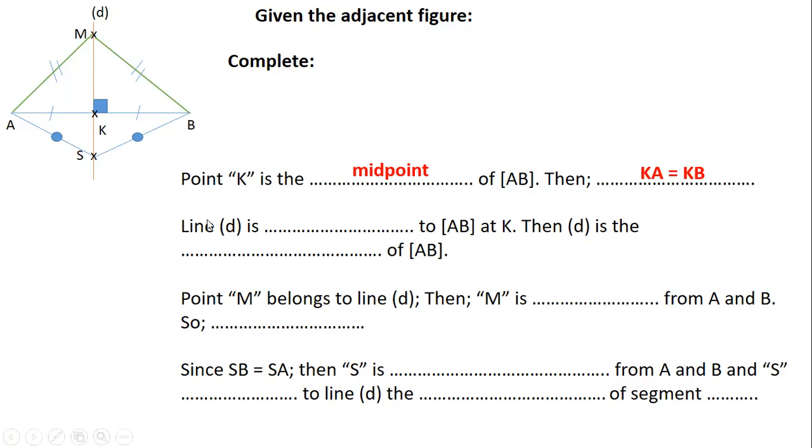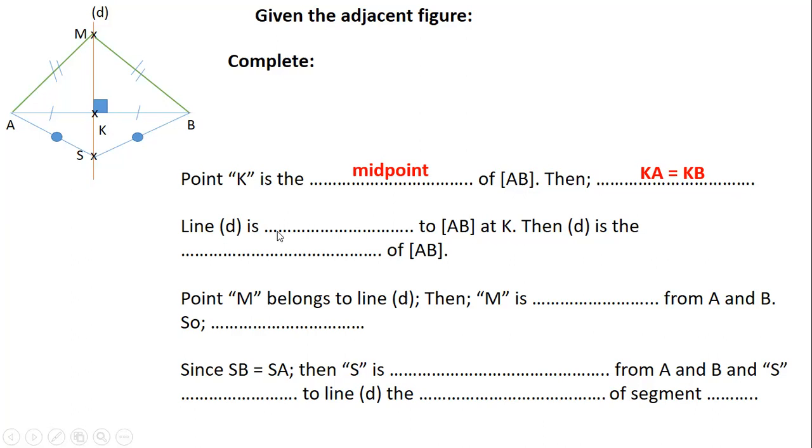Now I want to ask Julia. Yes, Julia. If you look at this red line, line D, 90 degrees, when it makes this mark here, this 90 degrees, then line D is what with respect to AB?